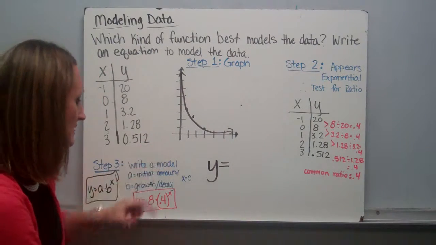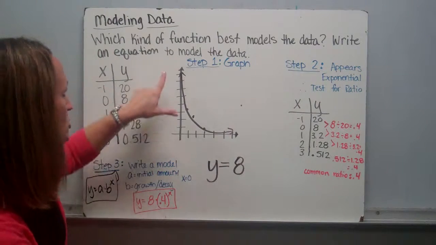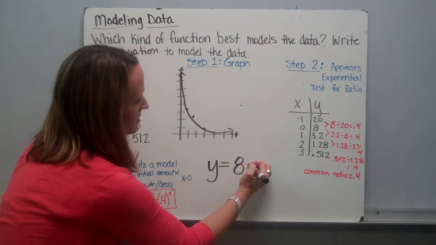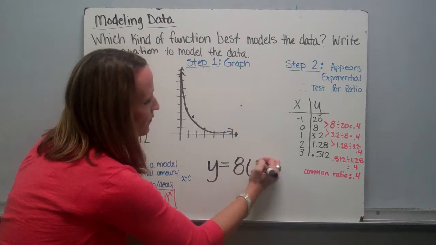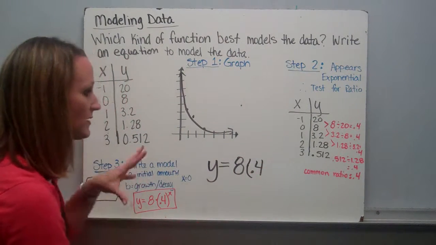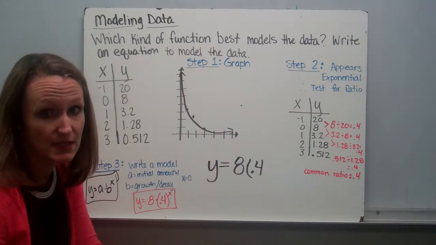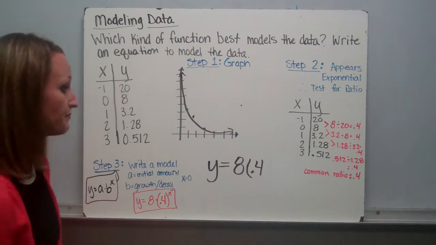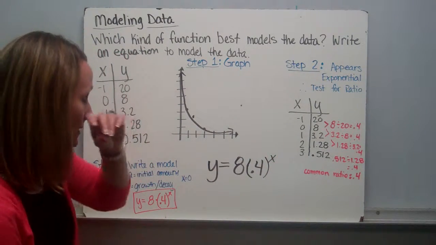So we could say that our equation for this would be Y equals 8, because that's our starting point, times 0.4, because that was my common ratio, that was my amount of growth. Each time we're actually, in this case, it's decay because it's less than 1, to the X, okay?